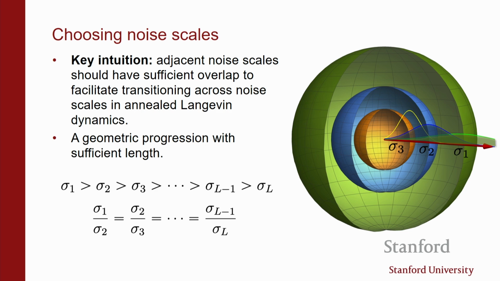This ensures that there is sufficient overlap between the different shells that you get as you increase or decrease the amount of noise that you add. And this is a heuristic, it's not necessarily the only valid choice, but it's the first one that we did that seemed to work.